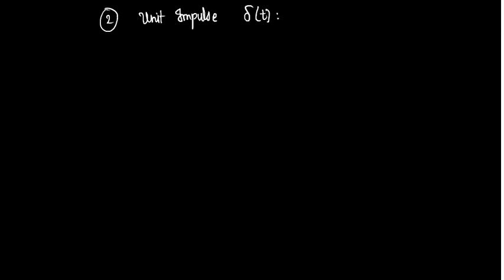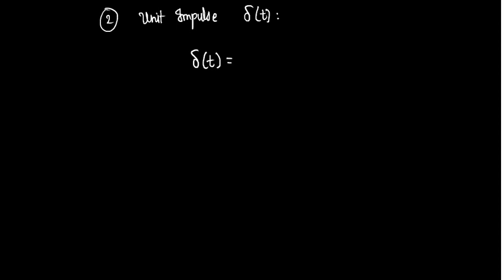Another test signal is called the unit impulse, indicated by del of t. Now this is very vaguely represented in mathematics. It's not very precisely defined. So let me tell you the definition of this.